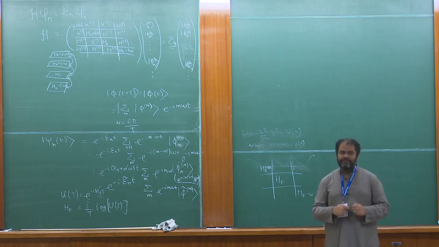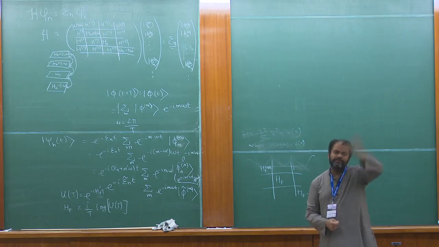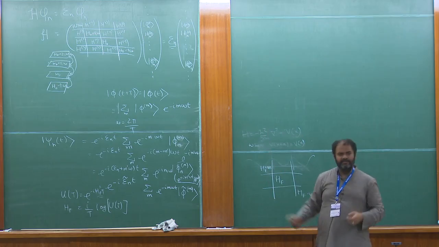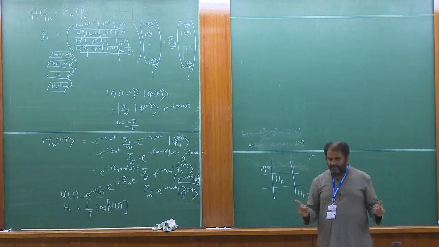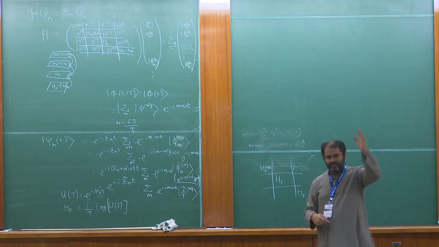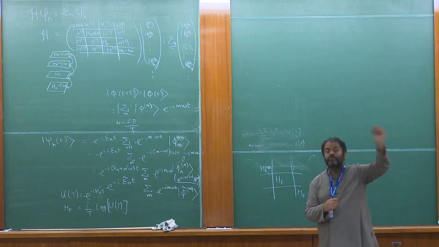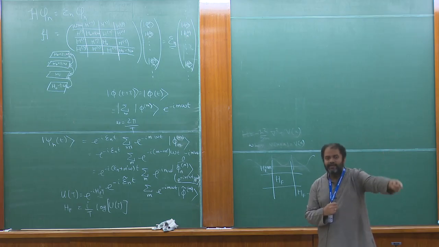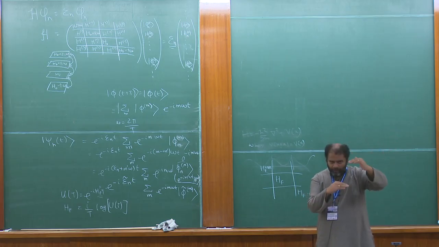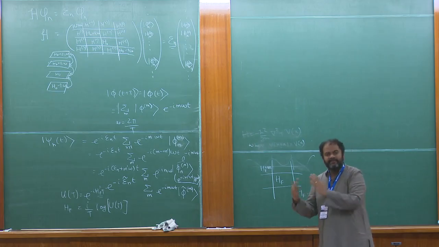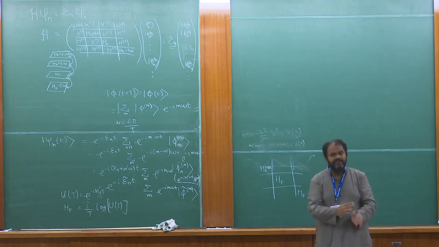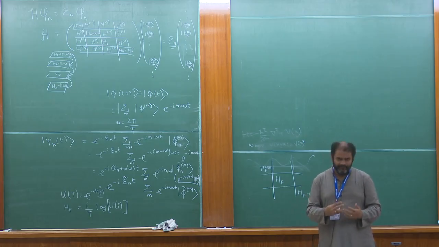You are going to naturally get processes which take you into other blocks. So in this structure you are conserving energy, but because of all these infinite blocks being present, you naturally are able to go into other blocks. When I fold it back to keeping only one block, this in turn tells you that your energies, or quasi energies, are conserved only modulo h bar omega. Okay, is this clear?